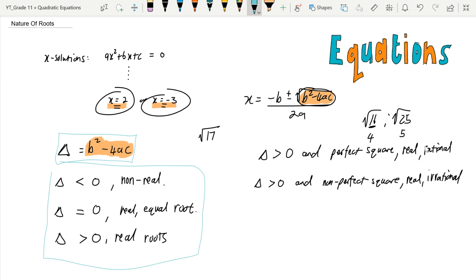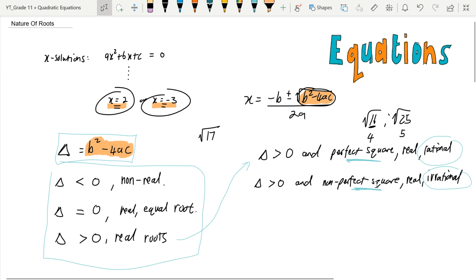But then we can make a further distinction when delta is bigger than 0. If delta is bigger than 0 and it is a perfect square, then the roots will be rational. If our delta is bigger than 0 and underneath the square root, so our delta is a non-perfect square, then the roots will be irrational. It's a lot, but it makes sense, doesn't it?